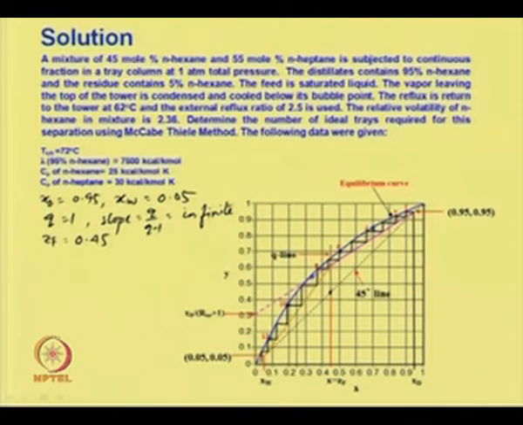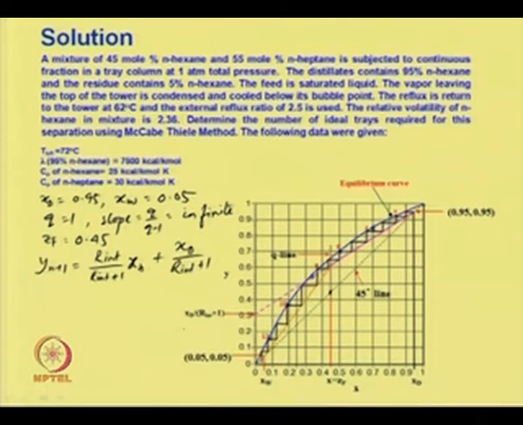So, we can calculate y_{n+1} would be R internal divided by R internal plus 1 times x_n plus x_D by R internal plus 1.